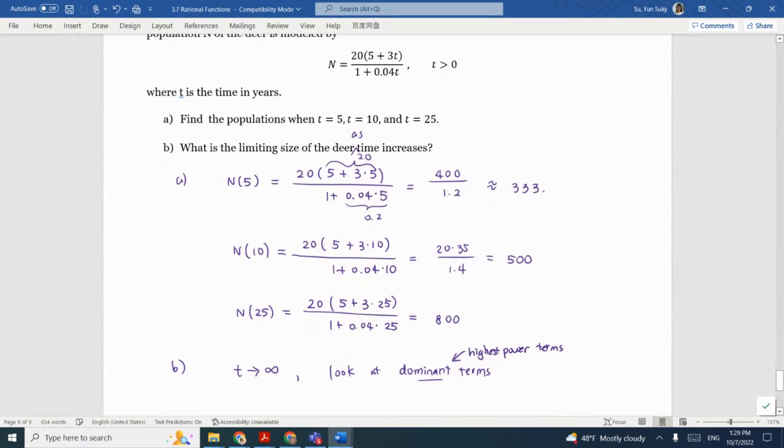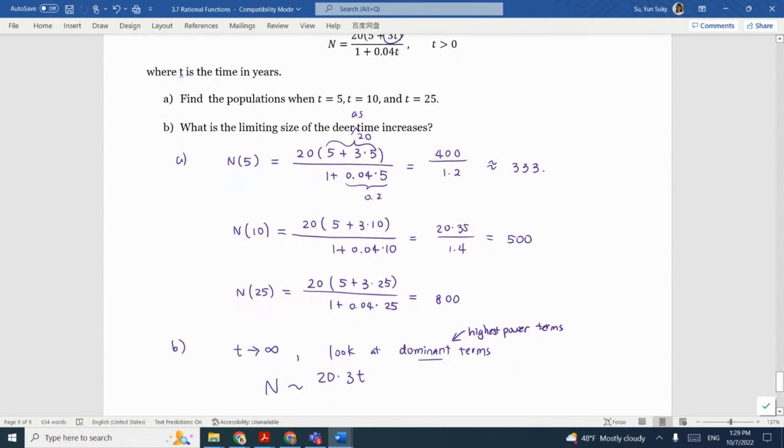Look at your numerator. What's the highest power term? Do you see it is 20 and then times 3t? Yes, do you see that? The dominant term is 3t, but because it's multiplied by 20, you cannot miss the 20.